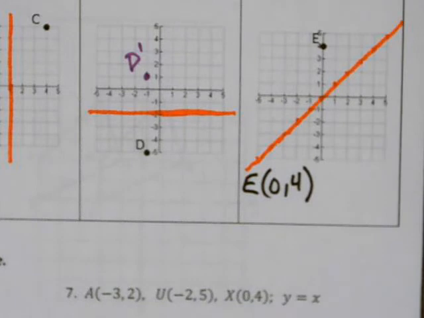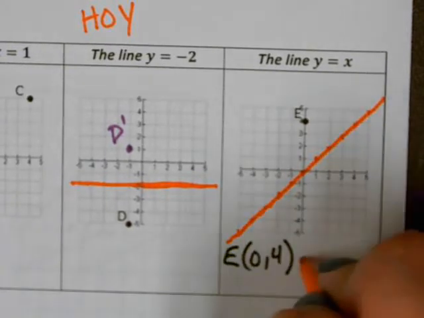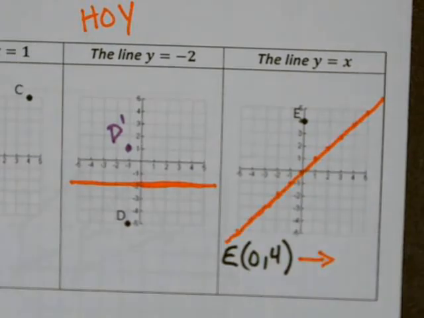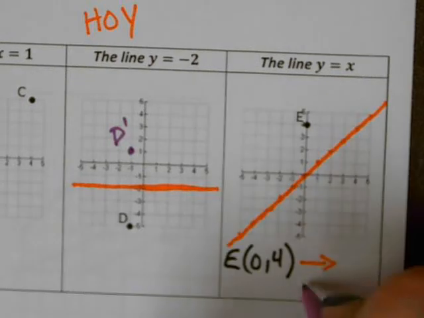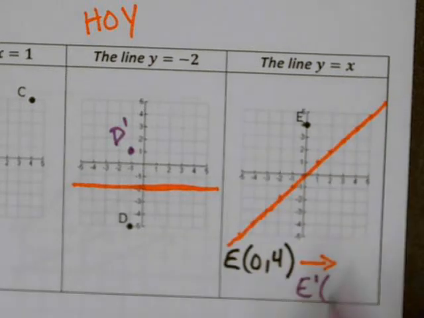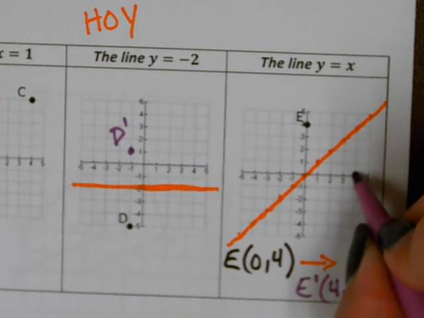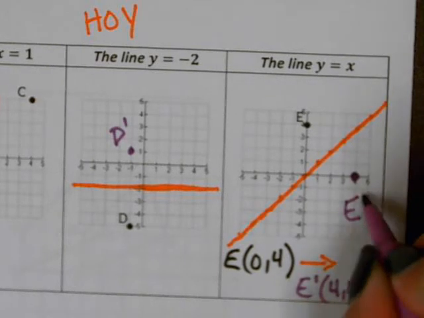Anytime we reflect across the line y equals x, all you are going to do is flip the coordinates for x and y. So E prime is now going to be, instead of 0, 4, the point 4, 0. So if we look at that on our graph, that is right here, and there's my E prime.